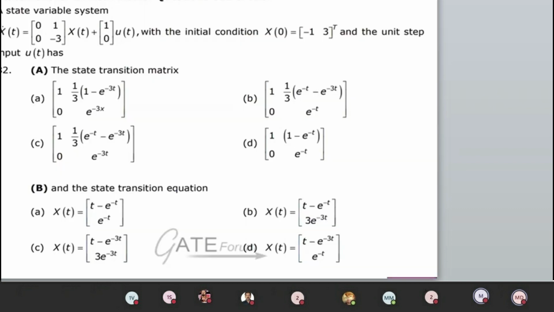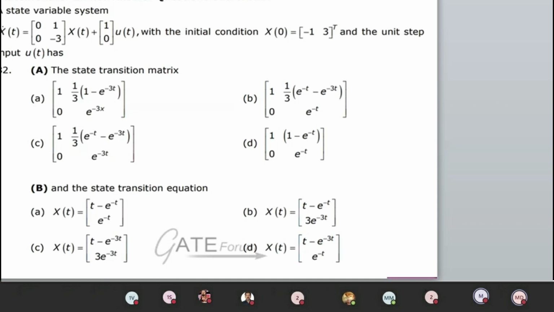Now, let us go to another problem. A state variable system x dot of t is equal to [0, 1; 0, -3] x of t plus [1; 0] u of t, with the initial condition x of 0, and a unit step input.